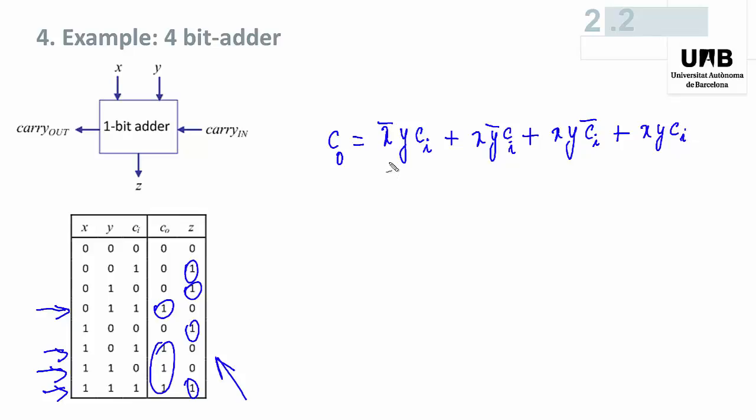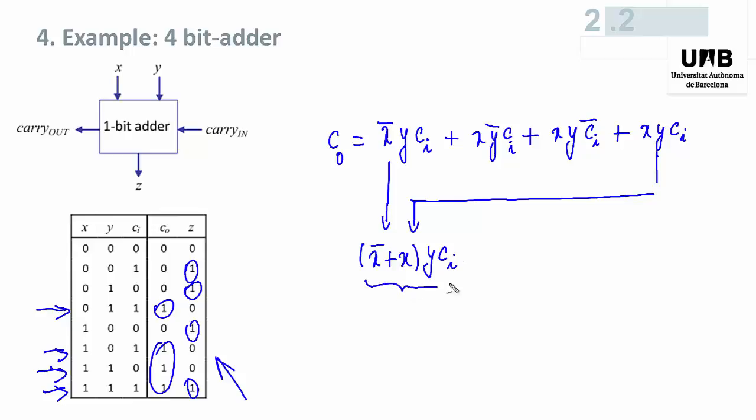For example, not X Y Ci plus X Y Ci is the same as (not X plus X) Y Ci, that is to say Y Ci. And you can do the same with the other terms.